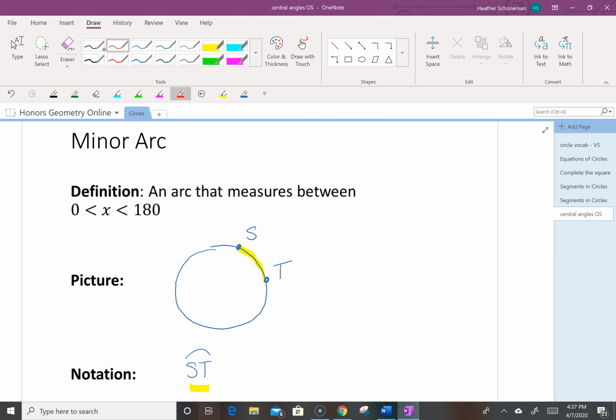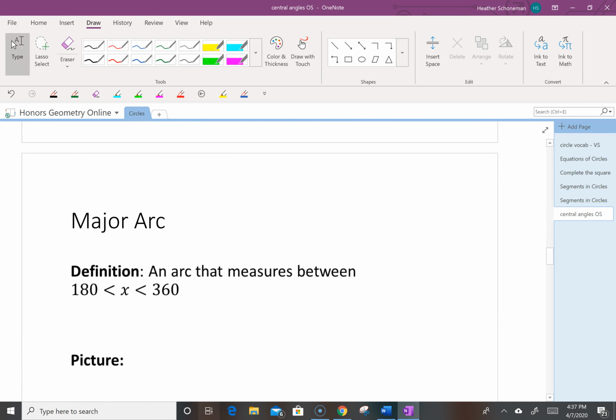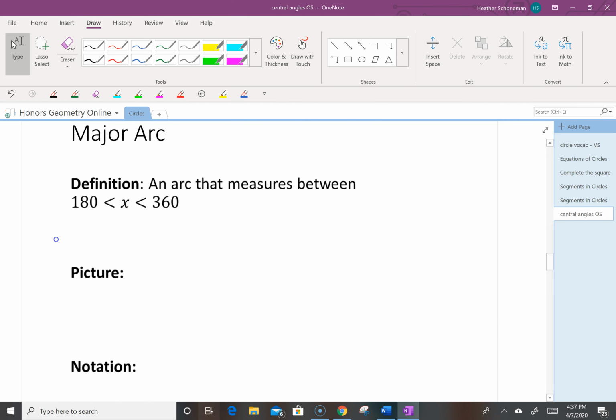So then I'm sure you'll be blown away by this, but an arc that's bigger than half of the circle is a major arc. So it's more than 180, but less than 360. So it's more than a half, but less than a full circle. Now notice how I'm writing them as compound inequalities because we're going to use that later in our homework and also in our notes.